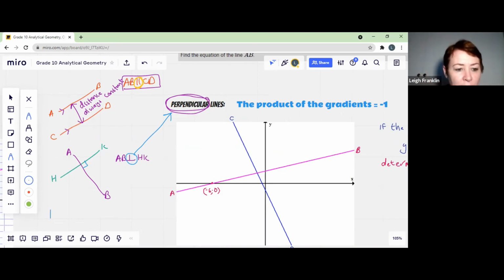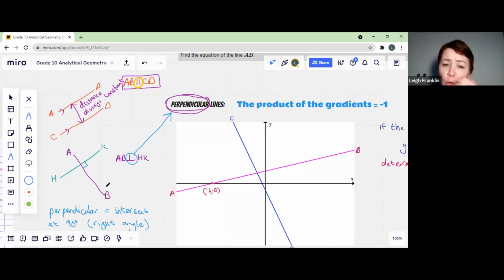So perpendicular means they intersect at 90 degrees. Okay, in other words, at right angles to one another.